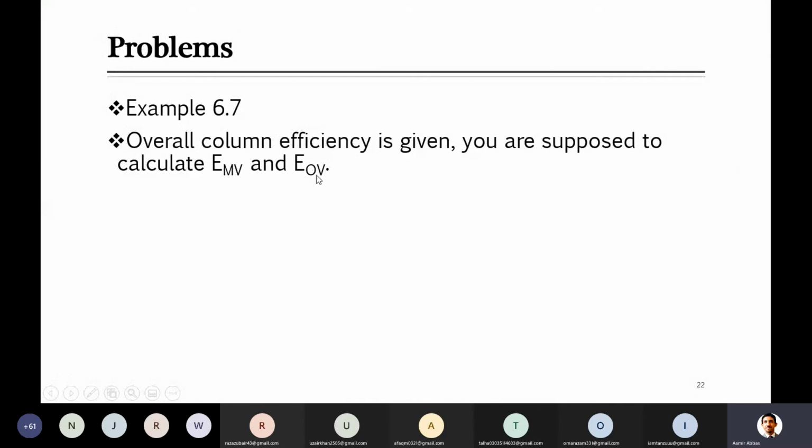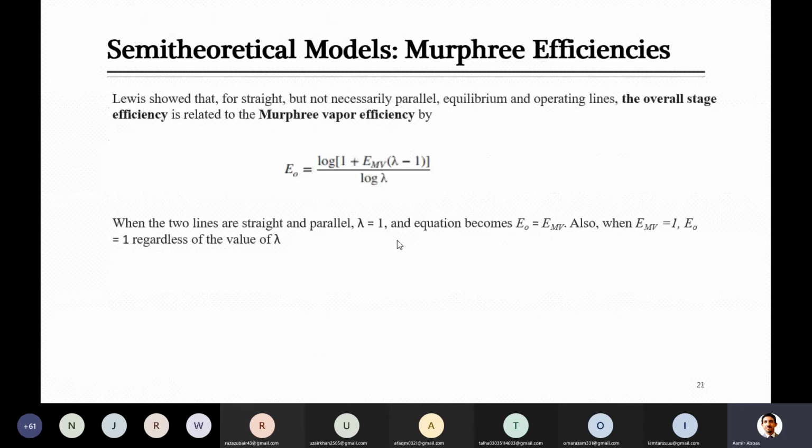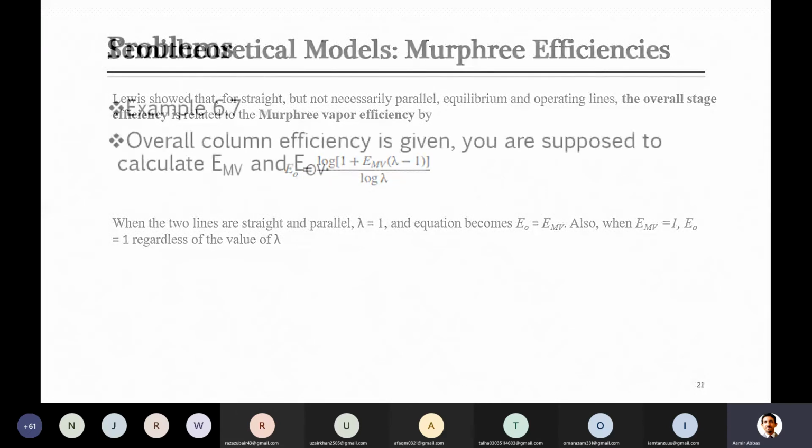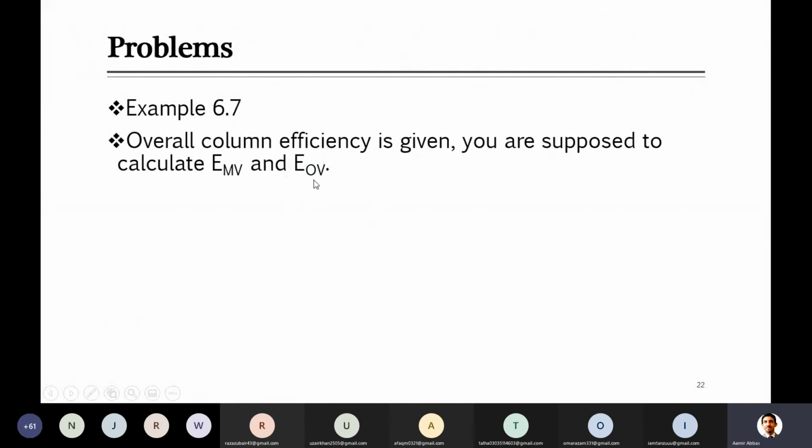So that's pretty straightforward, easy. You can find it quickly, because one equation relating overall efficiency and EMV we have just discussed here. And for the other case, I think he considered something partially mixed, and I think in the statement it is mentioned, so you can get the idea which equation can be used to calculate vapor point efficiency, and that will be linked with this Murphree vapor efficiency.